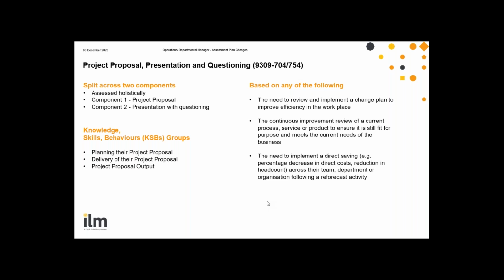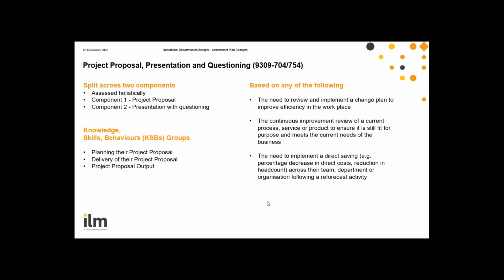It could be related to continuous improvement review of a current process or a service or a product to ensure it's still fit for purpose and it meets the current needs of the business. Or it could be about the need to implement a direct saving across their team, department, or organization following a reforecast activity.